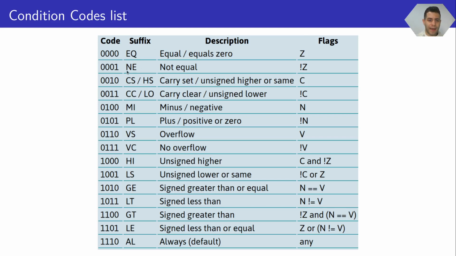Here we are checking the Z flag condition. Then we have the comparisons, if something is greater than or equal, less than, and so forth. Always is the default. You don't have to set this condition code. This means that the instruction will always be executed.